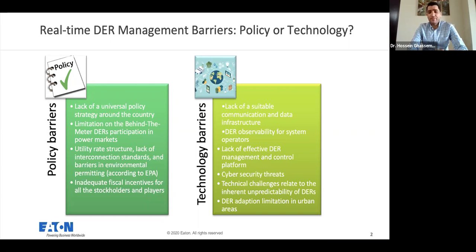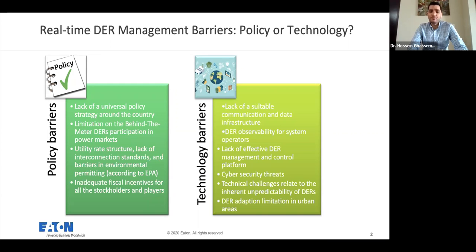Some of the main barriers in policy, according to EPA, are utility rate structure, lack of interconnection standards, and the permits that are usually required for larger DR in the system.